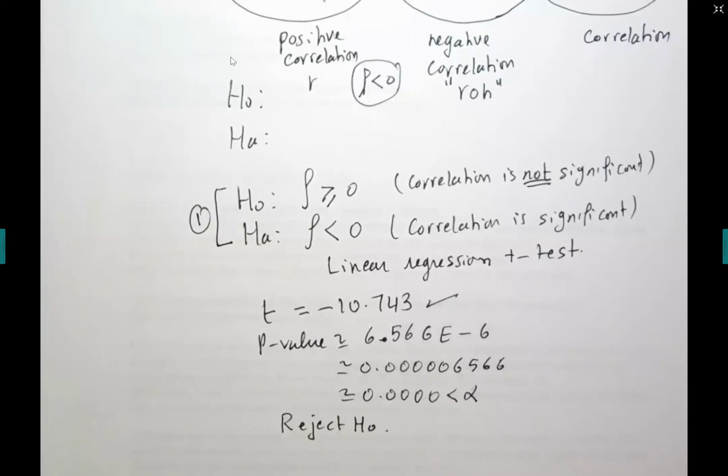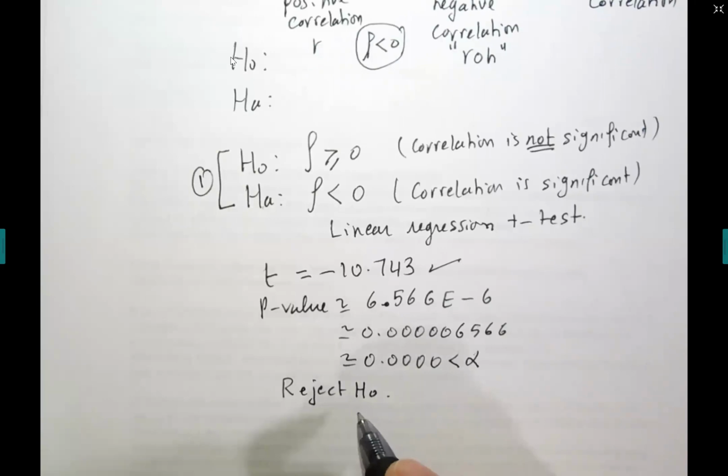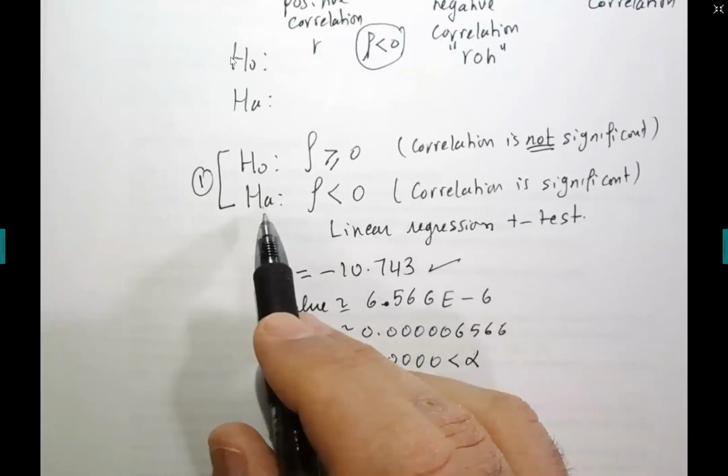And if we reject the null hypothesis, you just write this. There are 2 conclusions in this test, not 4. It's very easy. If you reject H0 and your claim is in Ha, the correlation is significant.